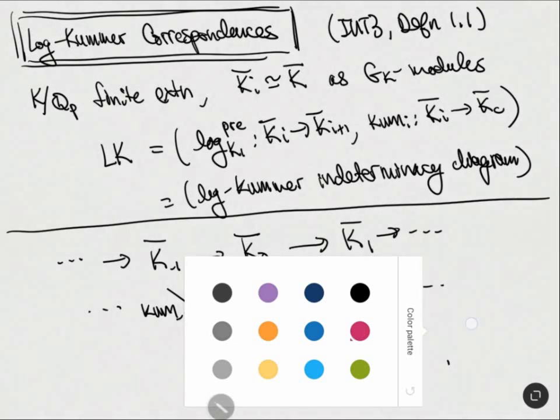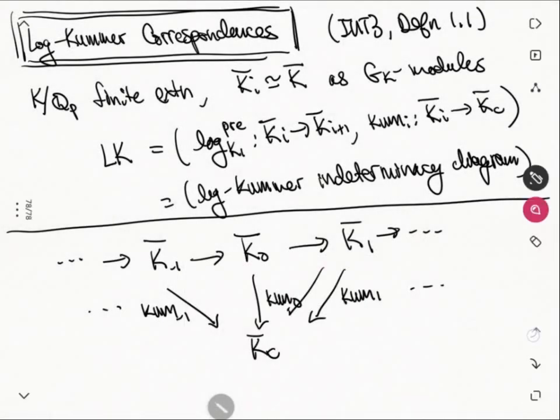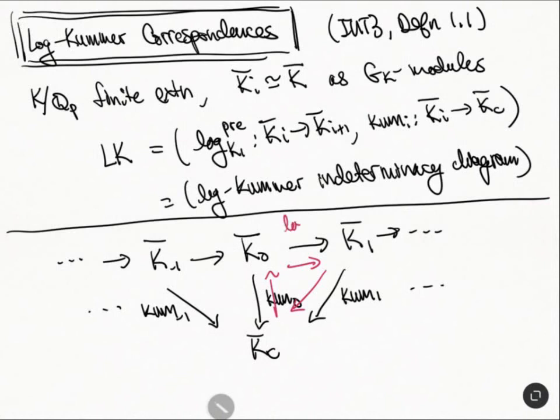And from a previous video, we noted that going around this loop, so going around a loop, this was log pre here.